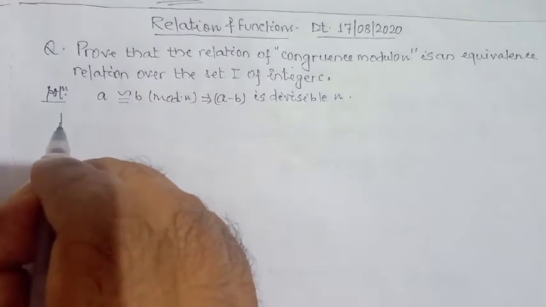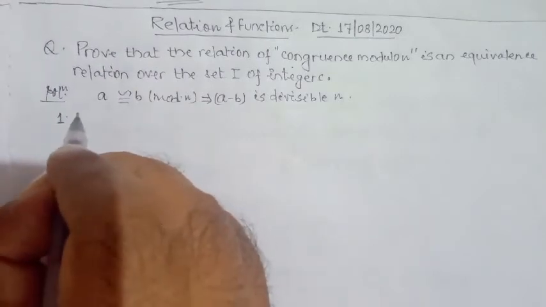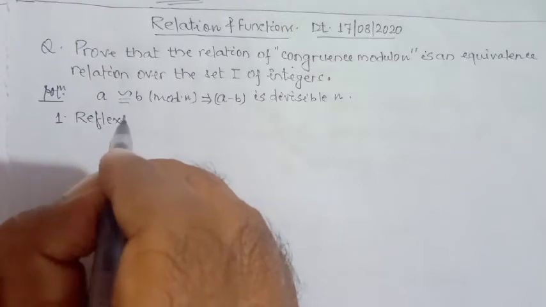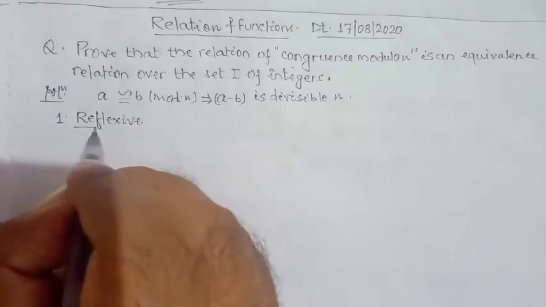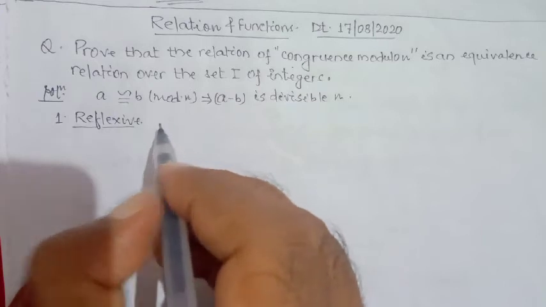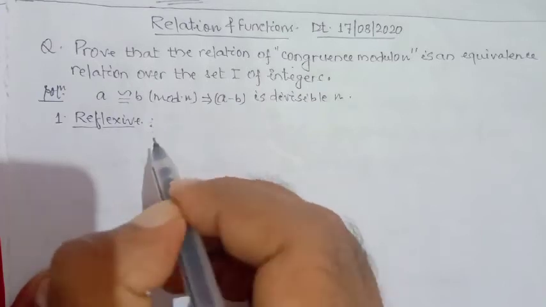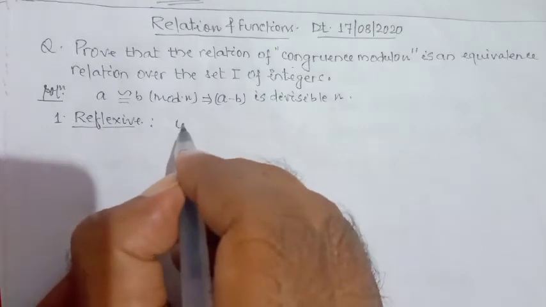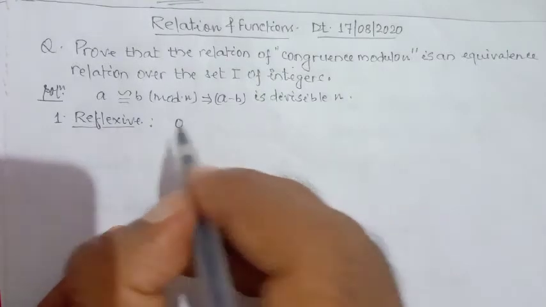The first property was reflexive. As we know, 0 is an integer and 0 is divisible by any integer.